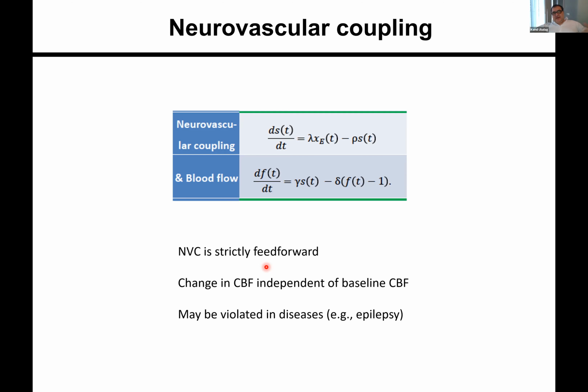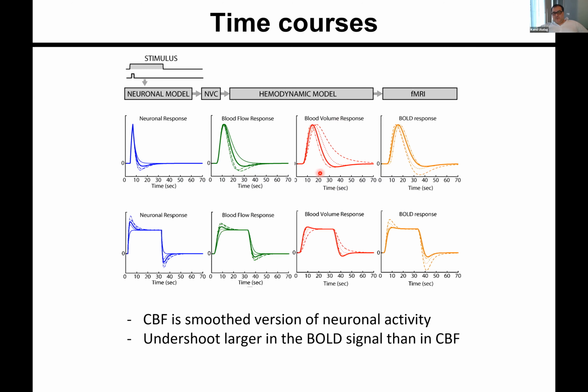I think the data so far, and we have measured many data using blood flow, supports the notion that if you take neuroactivity, local field potentials, and smooth it, then you are getting blood flow. In the BOLD signal, because you have the blood volume effects, the BOLD signal has additional transients which are not present in the neuroactivity and blood flow. So the blood flow is, I think, quite a good reflection. The BOLD signal is more complex. Okay, cool, thanks.